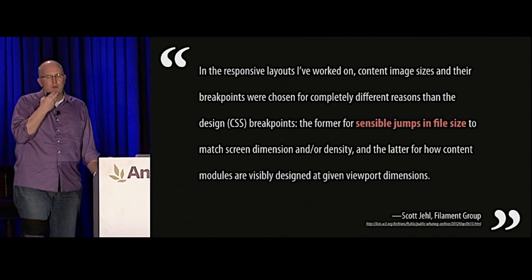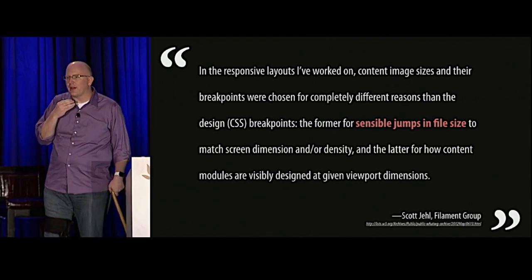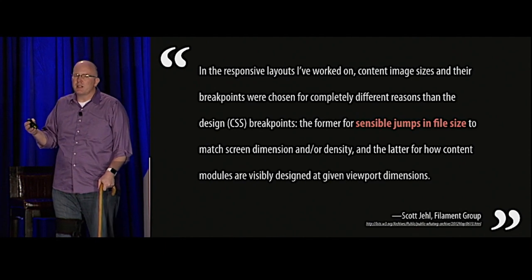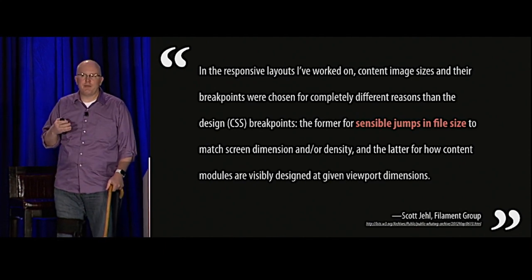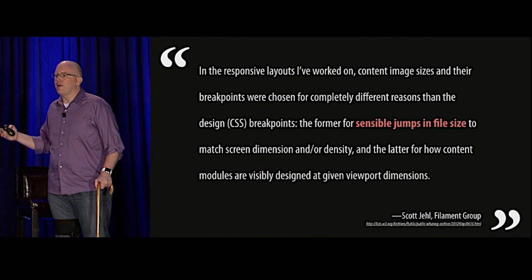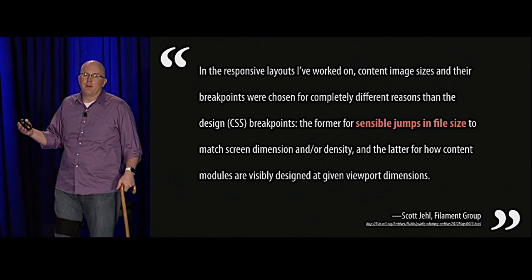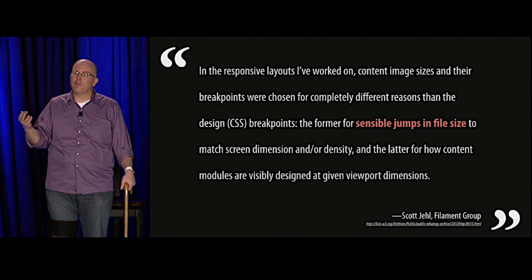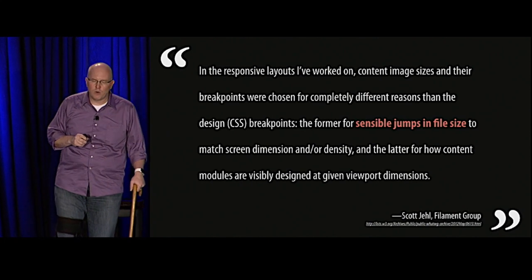Scott Jehl from the Filament Group, when he was talking to the WHATWG list about responsive images, talked about how he picked entirely different breakpoints for images than he did for layouts. For layouts, he would pick things based on when things look bad, the things that Ethan was showing last night with portions of the layout and making decisions about when the layout doesn't work.